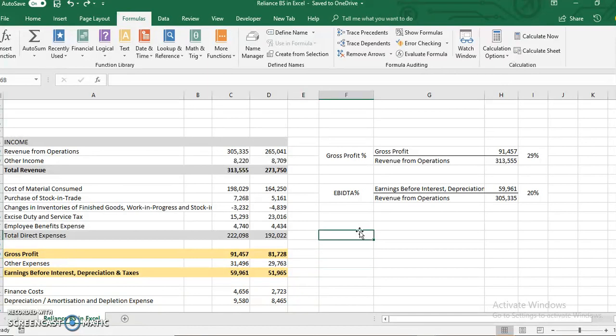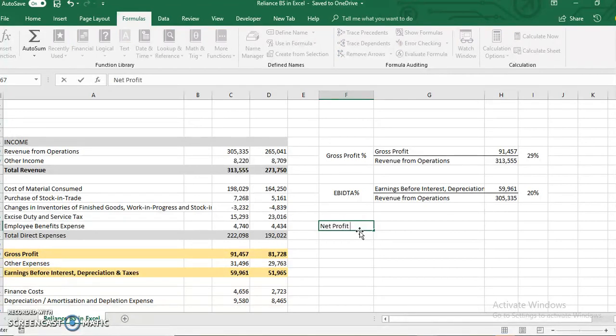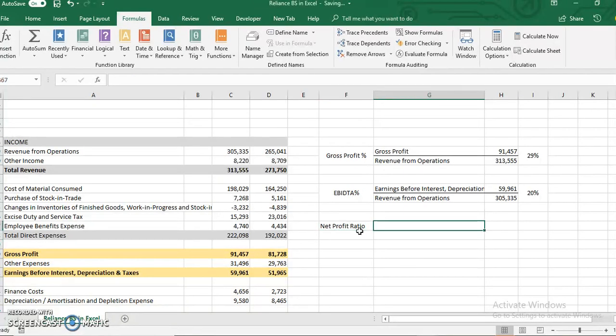Now you cannot compare with only the net profit. So let's calculate the net profit ratio, which is nothing but the net profit divided by revenue from operations.